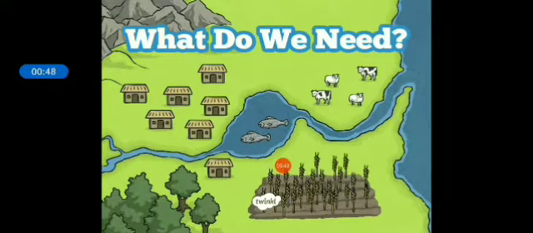And the third one is what? Shelter. Now, these three things are the basic needs of man: food, clothing, and shelter. Now, we are going to focus more particularly on the third one, which is shelter.